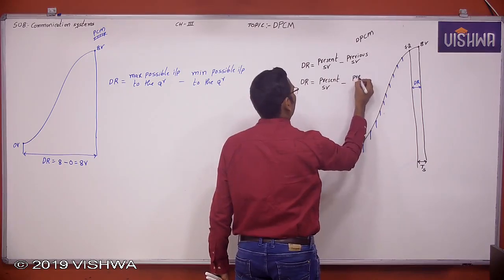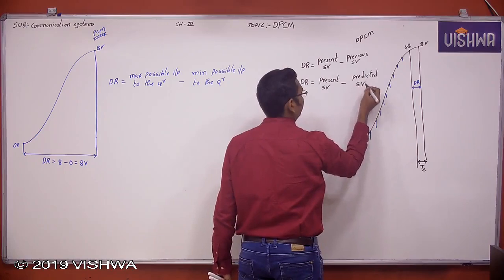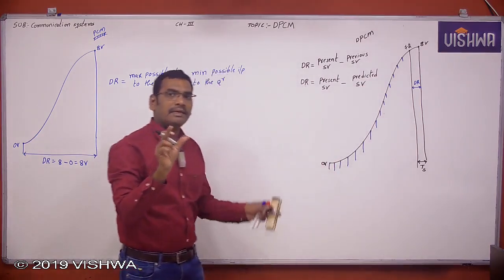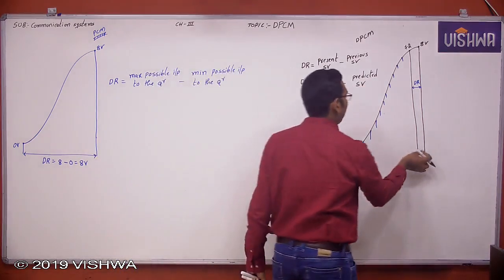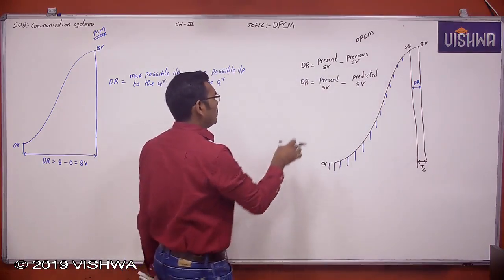This is the predicted sample value, with a delay of Ts seconds. Clear or not? Now this is the dynamic range.